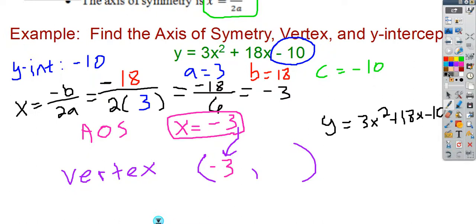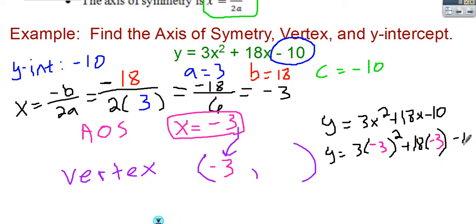So we do y equals 3 times negative 3, and that's squared, plus 18 times negative 3 again, and then we tack on our minus 10.